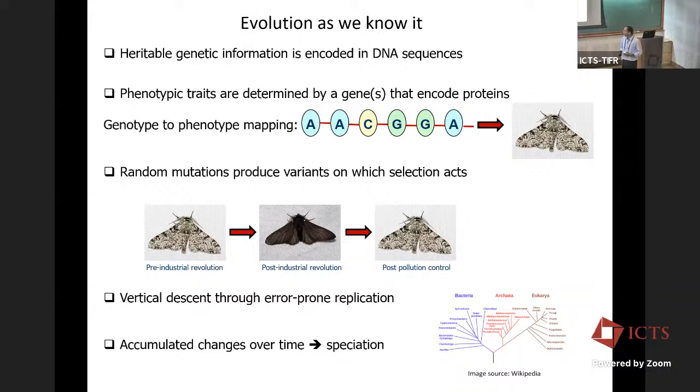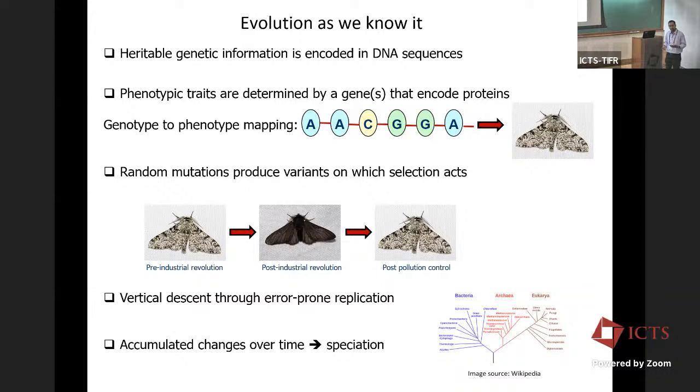Random mutations produce variants on which selection acts. These variants sometimes are well adapted to the environment and they increase in frequency. But when the environment changes, other variants can take over, as is again seen in the transition of the peppered moth population from light-colored to dark-colored and then back to light-colored.